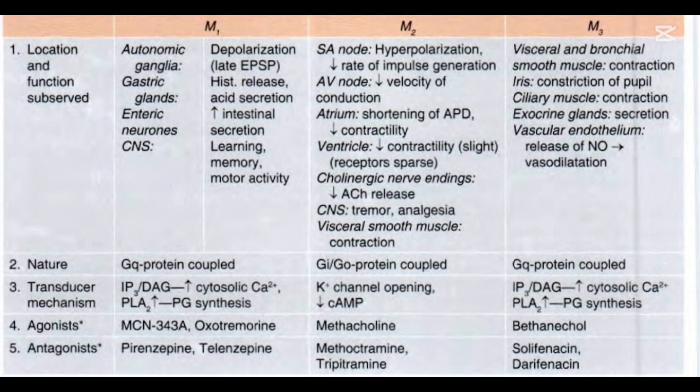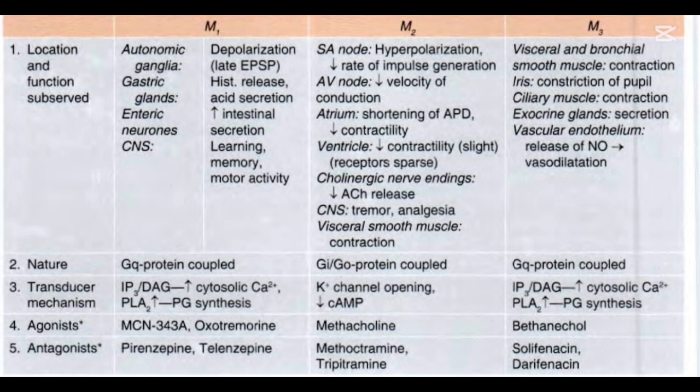These gastric glands secrete HCl, pepsinogen, and mucus. For the purpose of this lecture, I'll be picking the parietal cell, which secretes HCl. So you can also find the M1 receptor there, and also in the enteric nervous system.